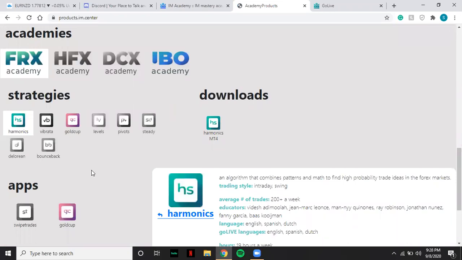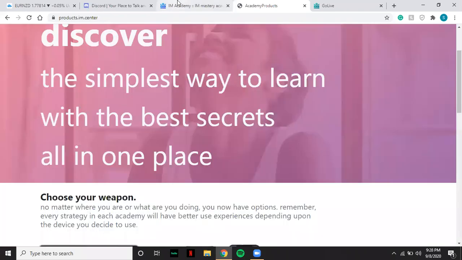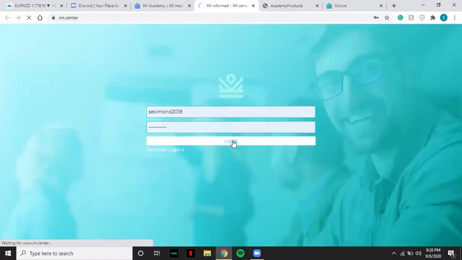Sarah said big facts. So one more thing that I would like to talk about is, where is that located? If you go to IML Academy, click IM.Center, and you sign in all over again. On the left, it will say strategies. I'll just go over it one more time.